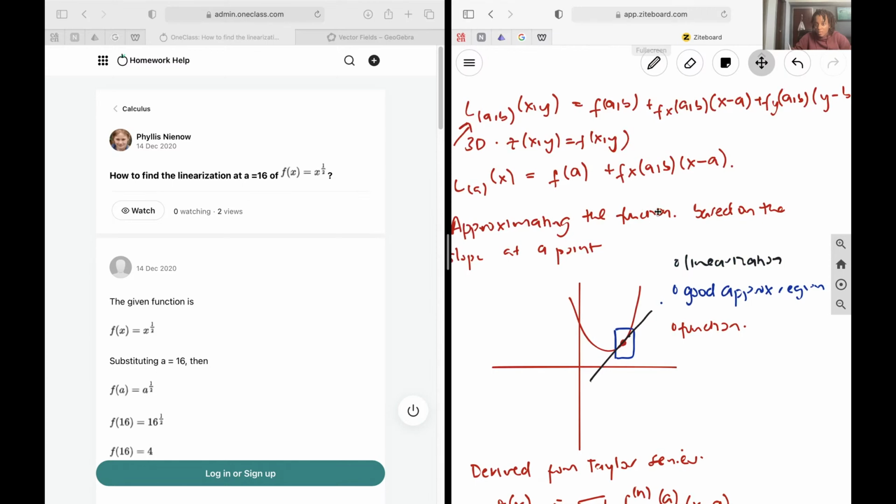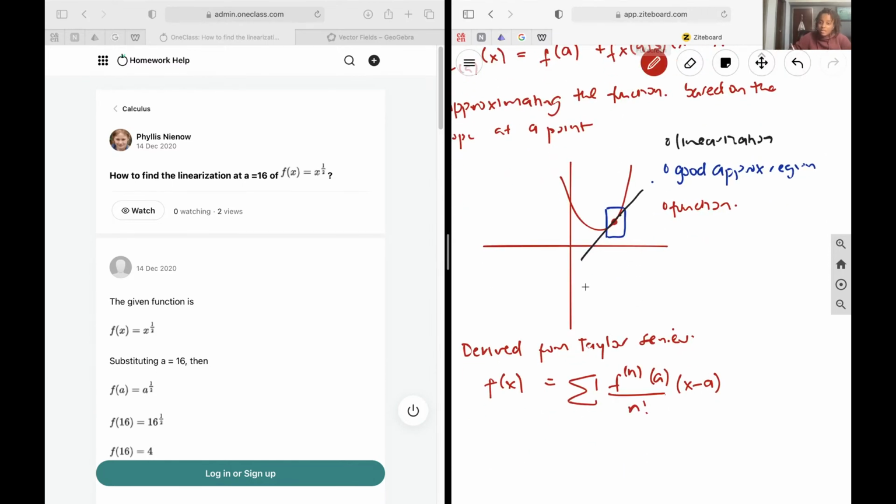And so that's exactly what you're seeing here, except that instead of writing out the entire function, why we call it a linear approximation is because we're going to actually cut this off at n is equal to 1. And so we'll only have the 0th derivative of the function evaluated at a over n factorial, x minus a, plus the first derivative evaluated at a, x minus a over n factorial.